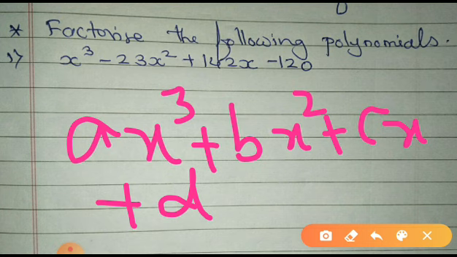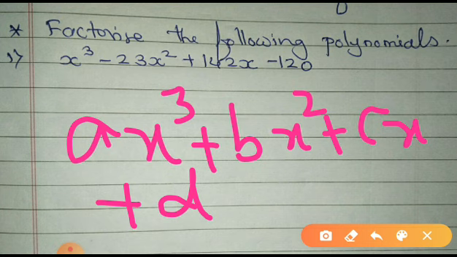Here, the value of a is 1, and the value of d, the constant, is minus 120.